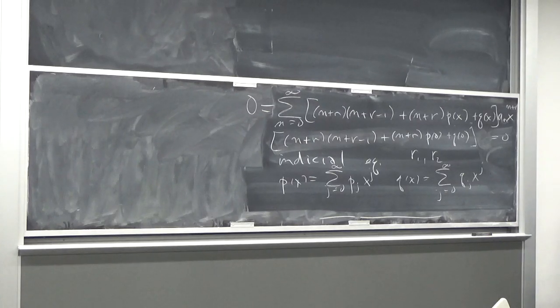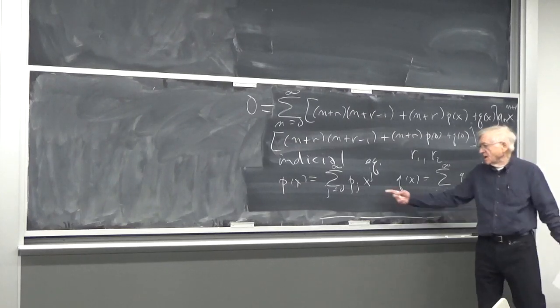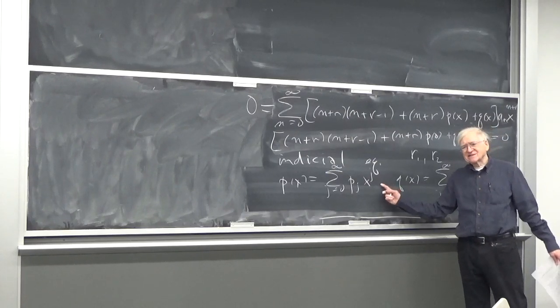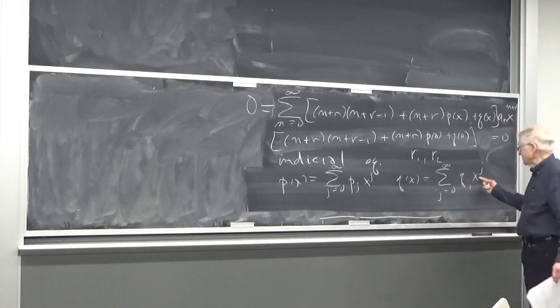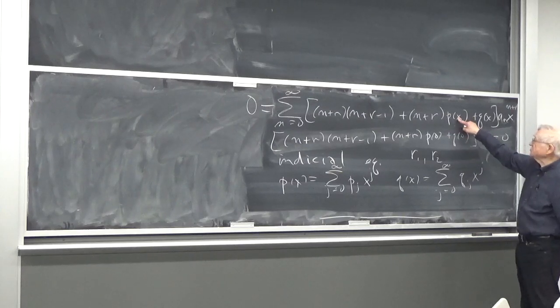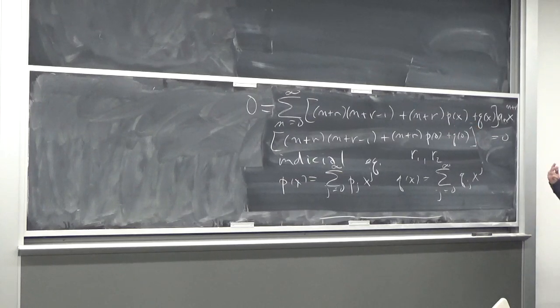One could equivalently expand about any point on the real line, but the notation is simpler if we just expand about x equal to 0. Otherwise, we have x minus x0 to the j. So we substitute these two into this equation, and then we say that the coefficient of every power of x has to vanish. And what that does then is give us a recursion relation.